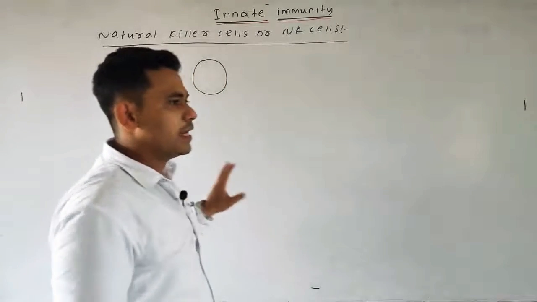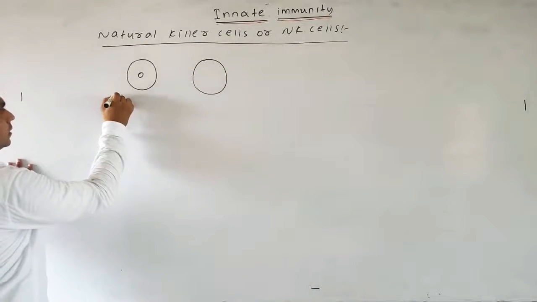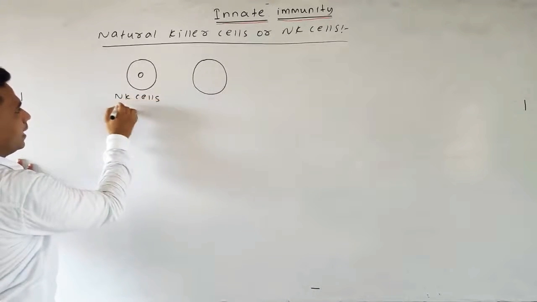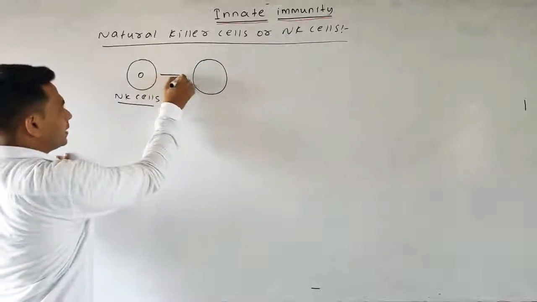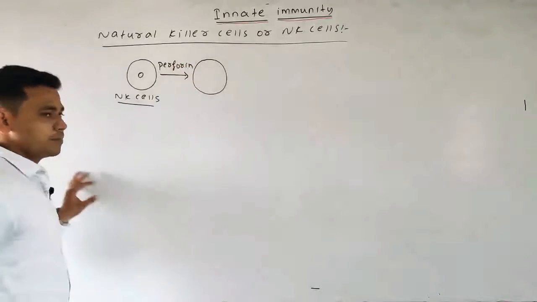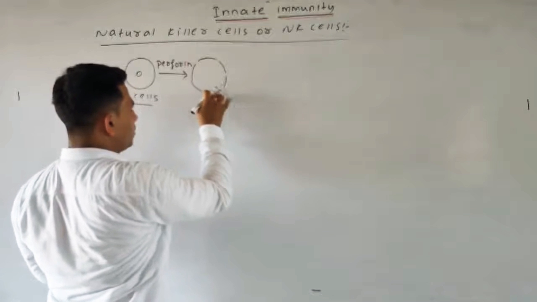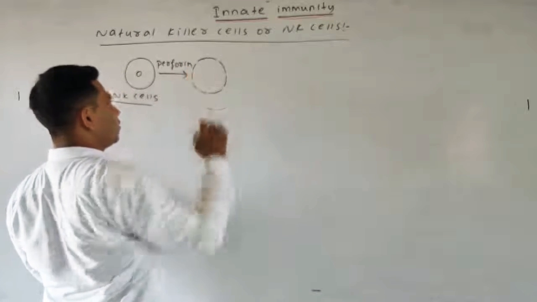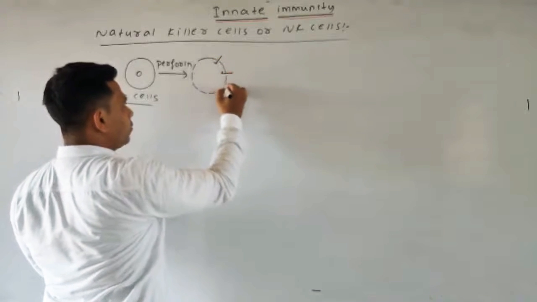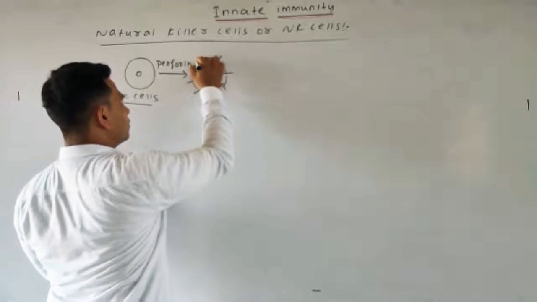As soon as the virus enters into our body, the NK cells, or we can say the natural killer cells, get activated. The NK cells get activated, by which they secrete a secretion called perforin, which helps in making a pore on the plasma membrane of the virus, by which the tissue fluid will enter into the virus.